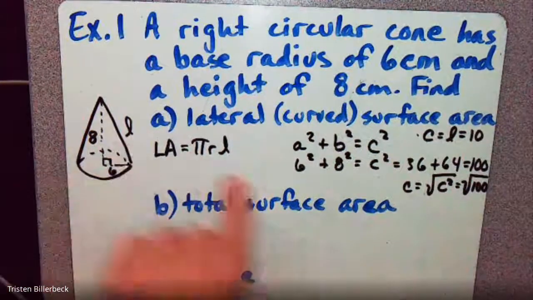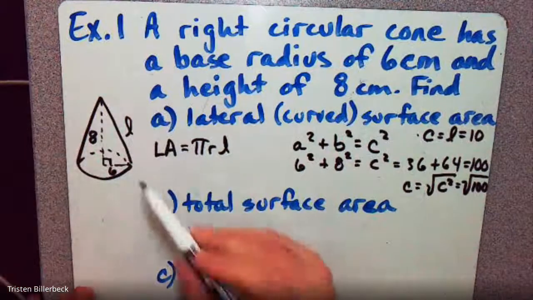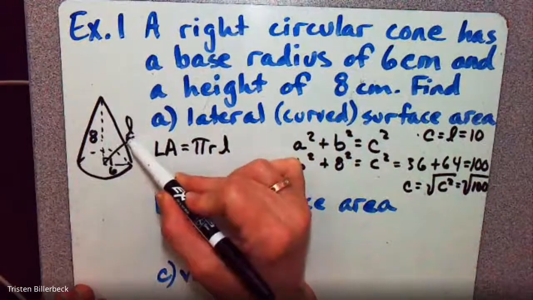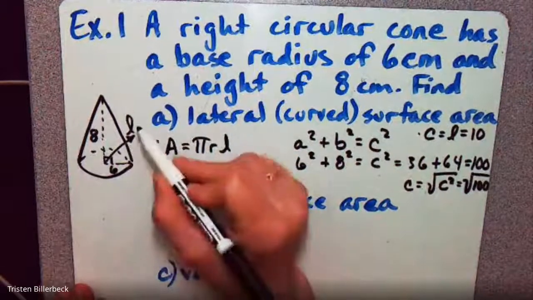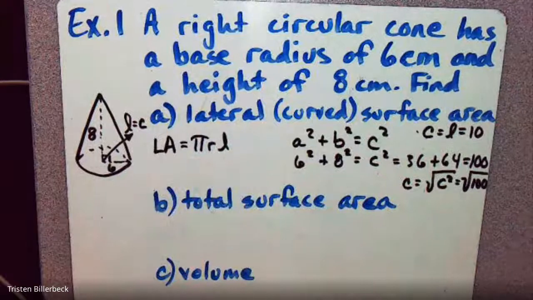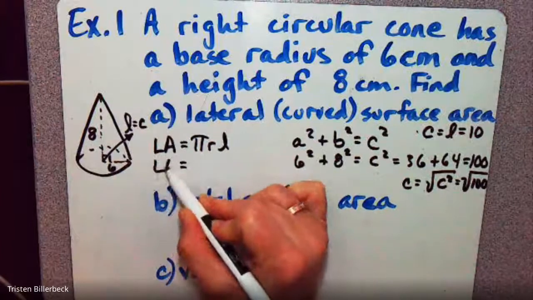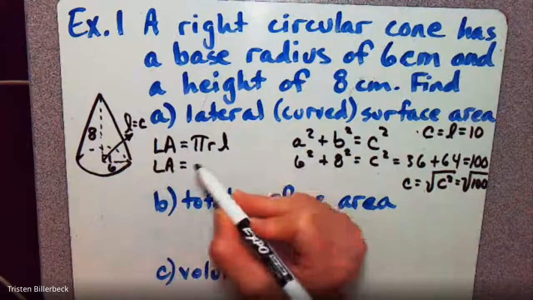Okay, so remember C is always the hypotenuse, and the hypotenuse is always across from the right angle. So this equals C of the Pythagorean theorem. All right, so now that we know that, we can plug it in, and if we leave it in terms of pi, that's awesome, it's easy.